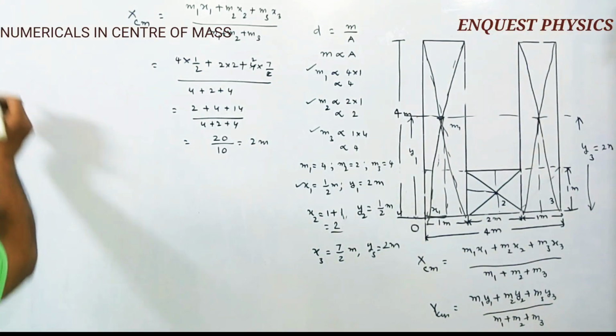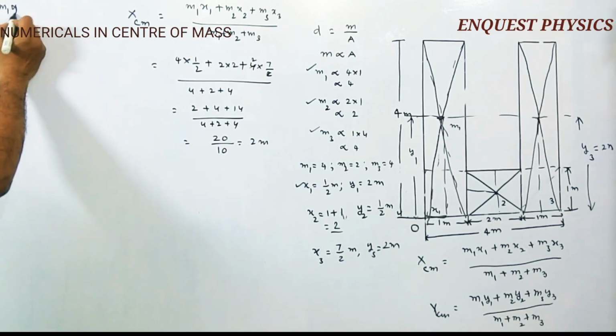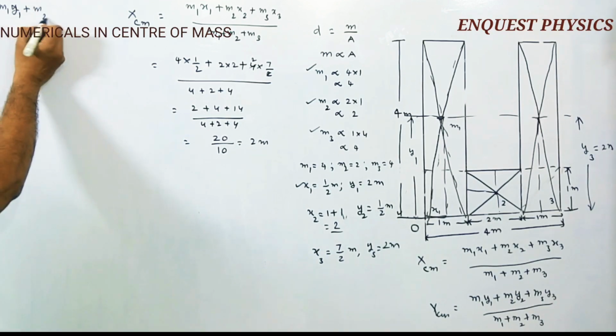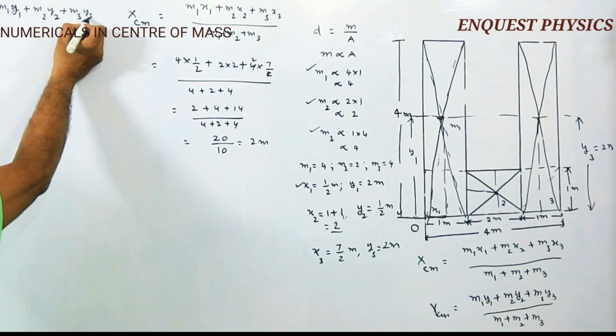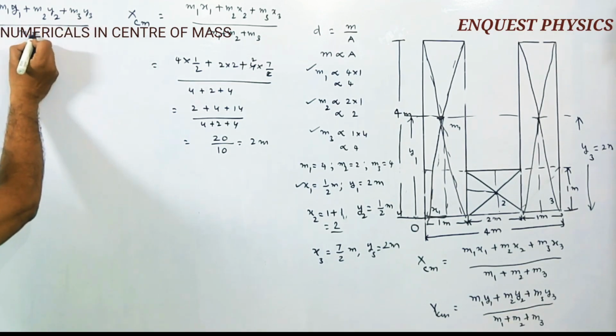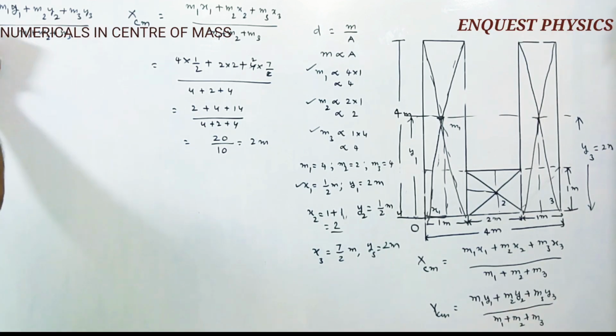Okay students, in the same way we have to find out the YCM. It is m1 y1 plus m2 y2 plus m3 y3 by m1 plus m2 plus m3. We call it the YCM, students.